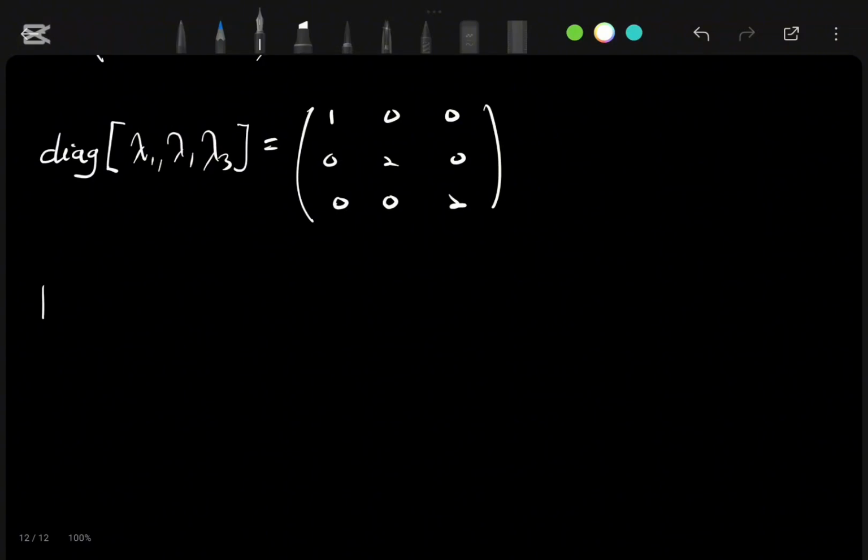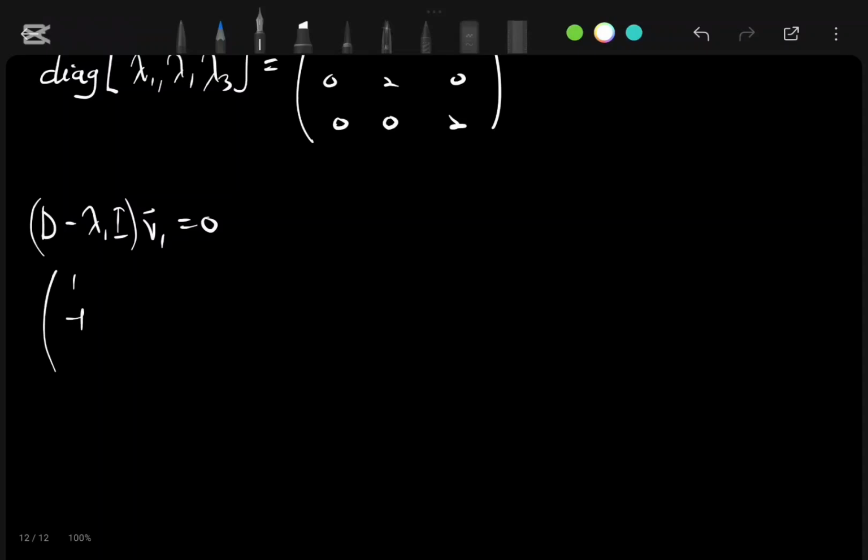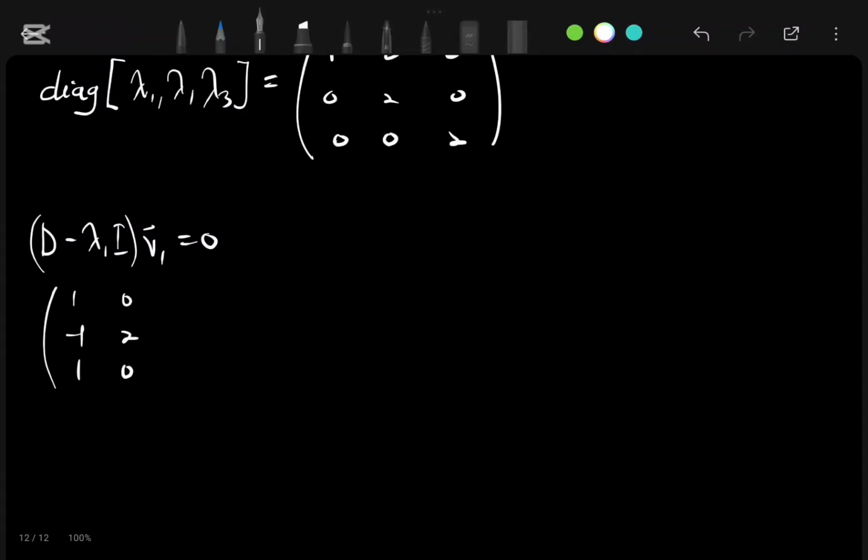Eigenvectors, we already know, so you have D minus lambda 1 I times V1 equals 0. So we follow the same procedure. We have 1, -1, 1, 0, 2, 0, 0, 0, 2 minus, our lambda 1 is just 1, so we have 1, 0, 0, 0, 1, 0, 0, 0, 1.